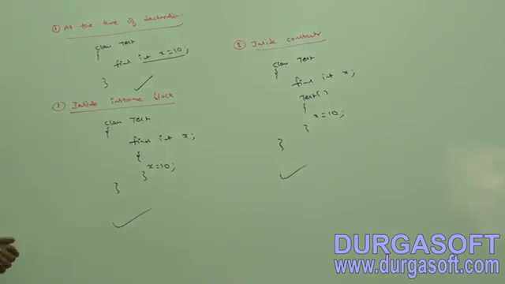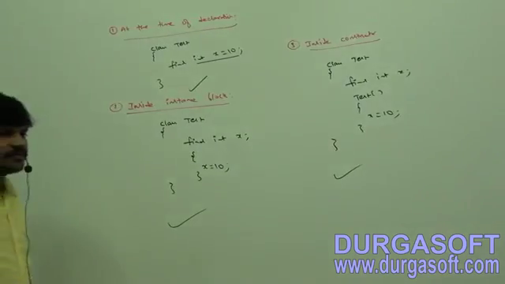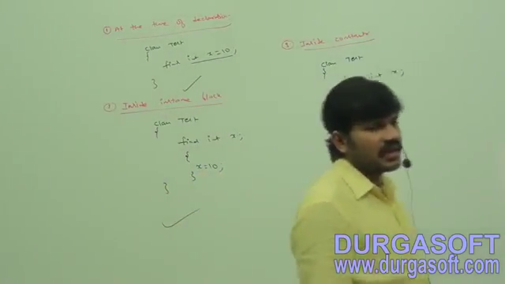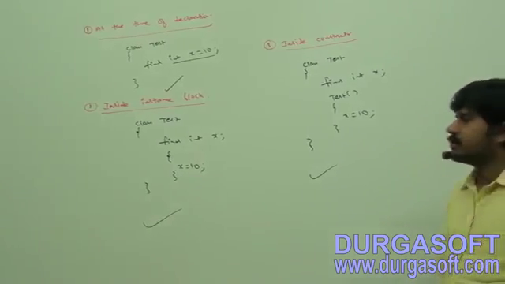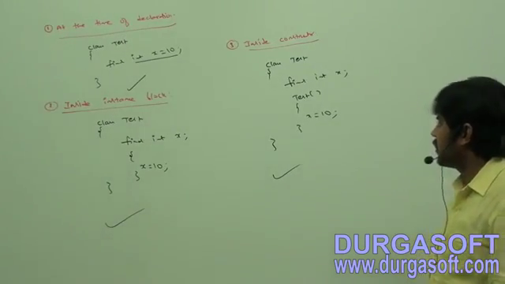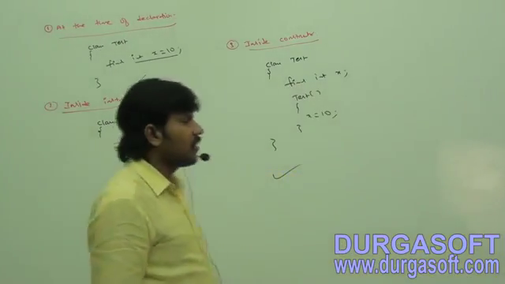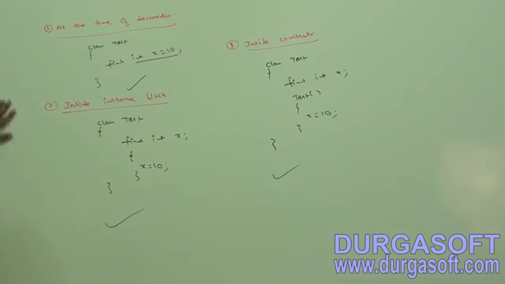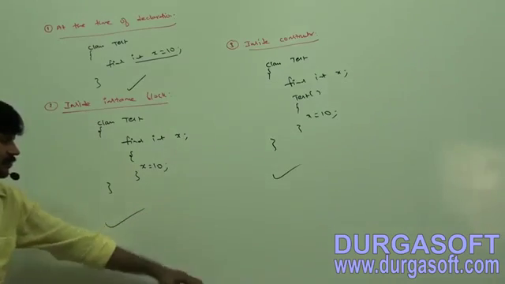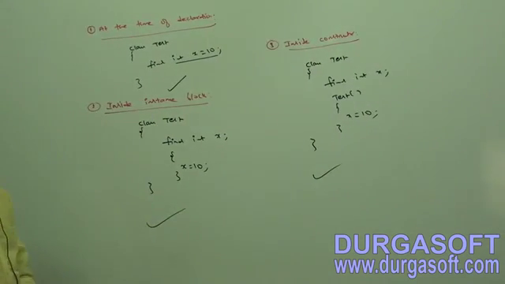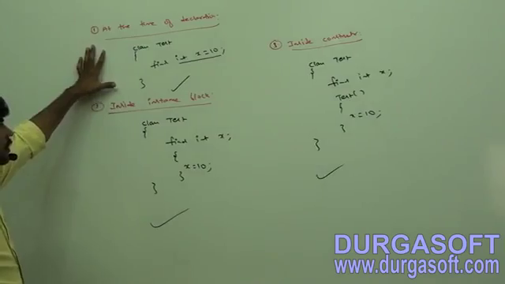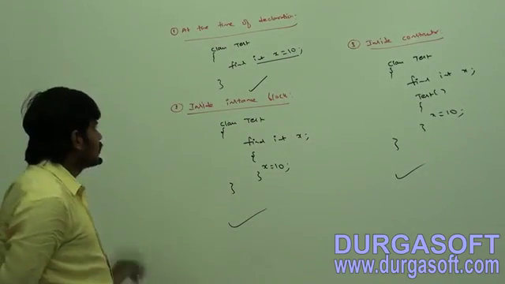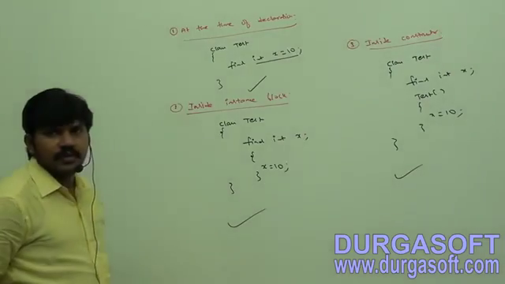Second, inside an instance block. Third one, inside a constructor. Are you getting the point? So at the time of declaration, inside an instance block, inside a constructor.